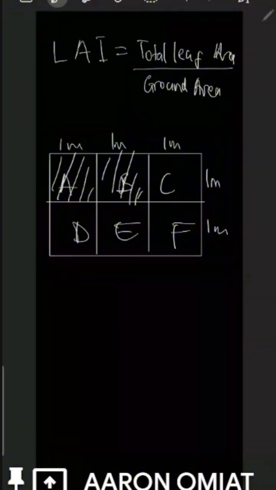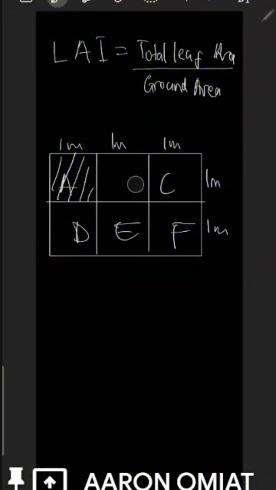So if we had to use this illustration, we know the area is 1 meter squared of each field. So what we go and do, we have our plants in an area. Right, now say leaf area index of area A.